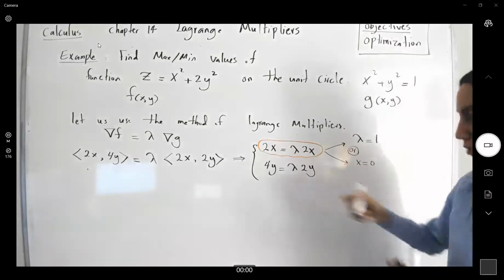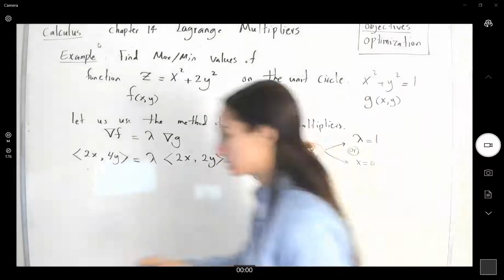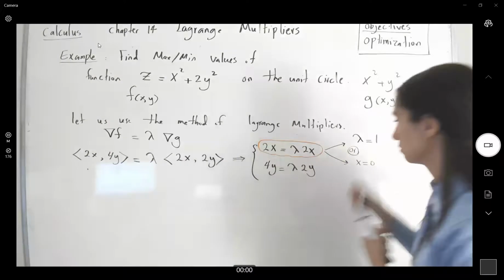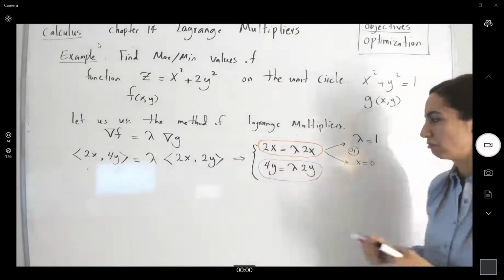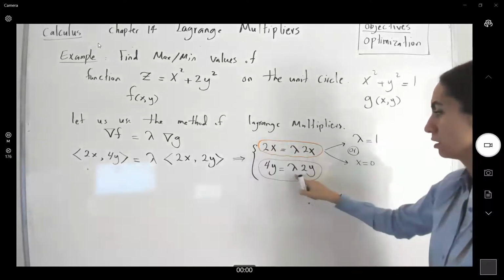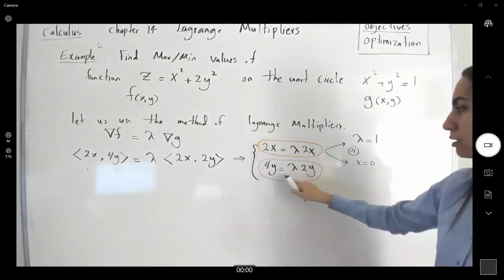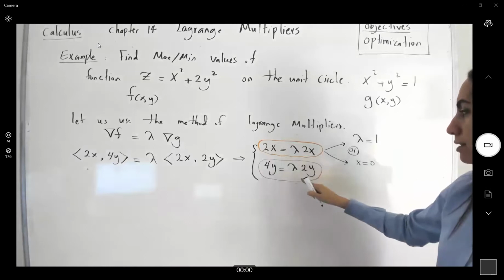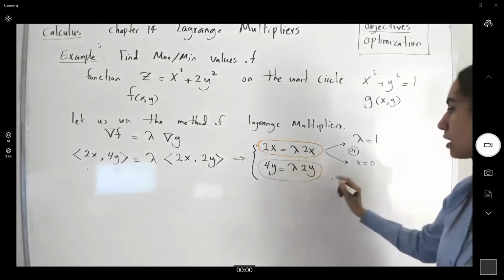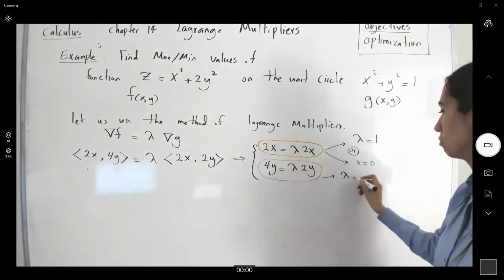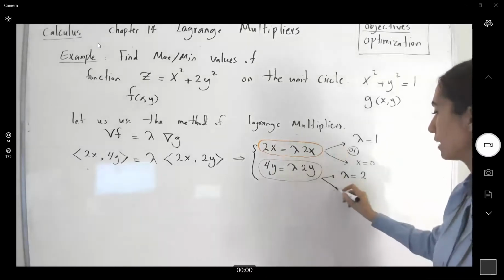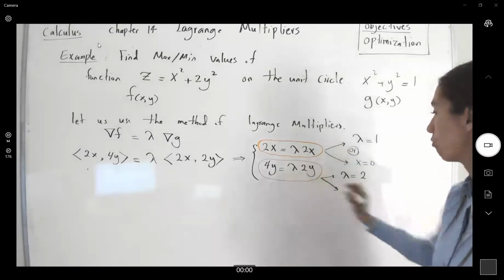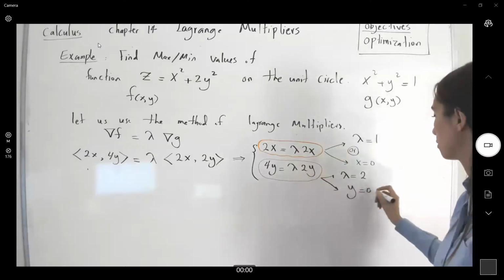What about the second equation? In the second equation, lambda cannot be equal to 1. There is no way. In this case, I can cancel out y, and lambda can be equal to 2. Either lambda is equal to 2, or if lambda is not equal to 2, y is equal to 0.